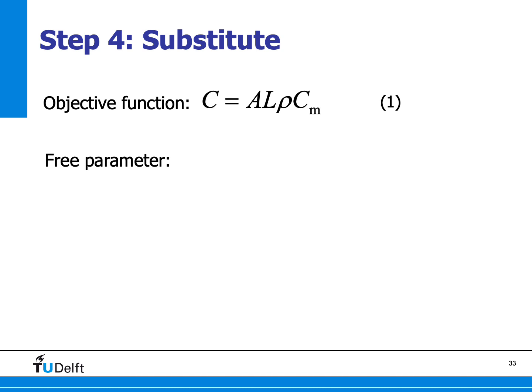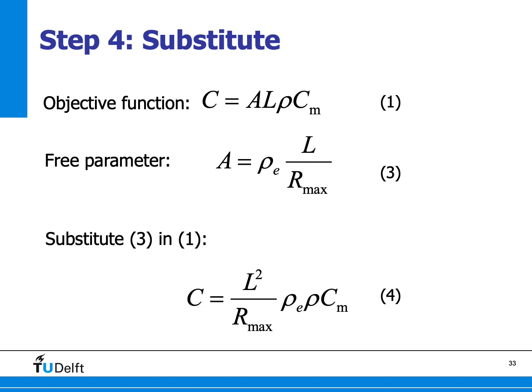We previously found that the cost equals A times L times rho times Cm, the cost per unit of weight of the material, and for the free parameter we had found an expression for the cross-sectional area A. So what we do now is simply substitute equation 3 into equation 1, and if we do that we get this expression for the total cost of the cable.